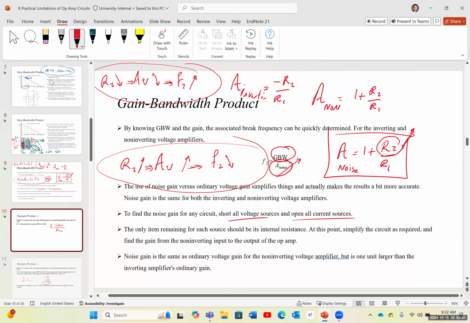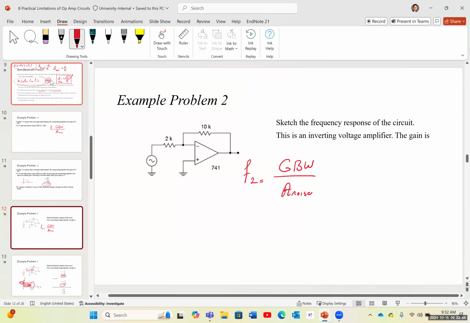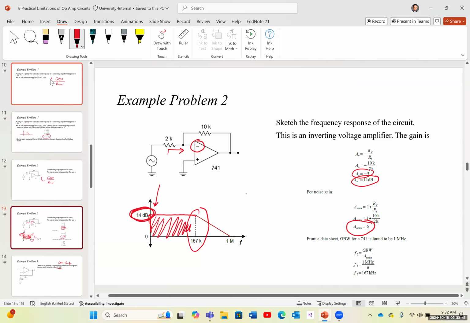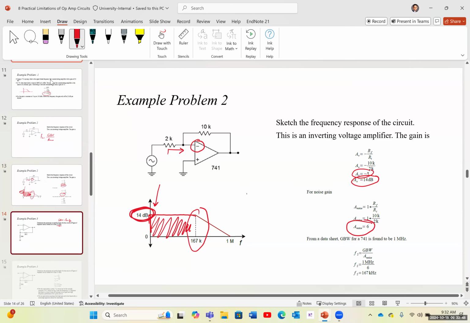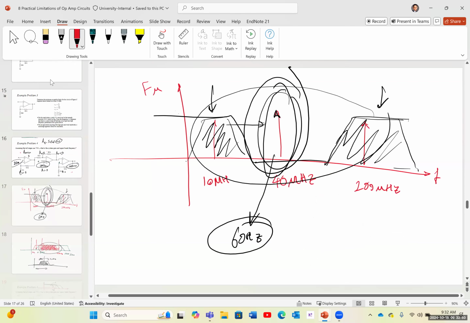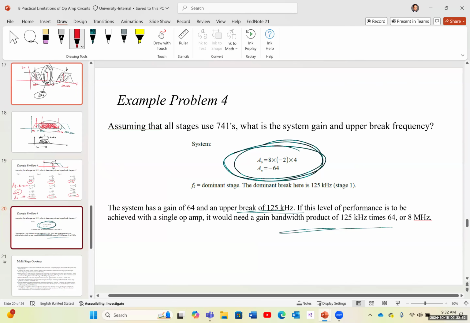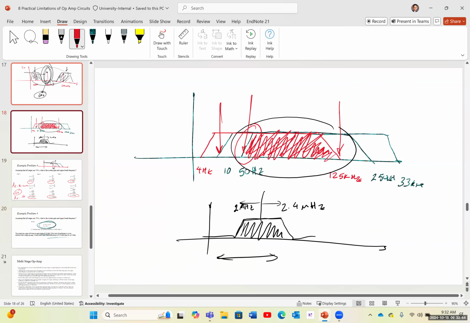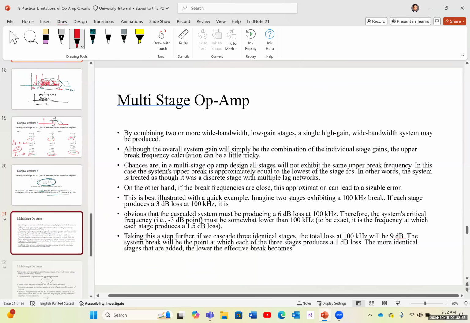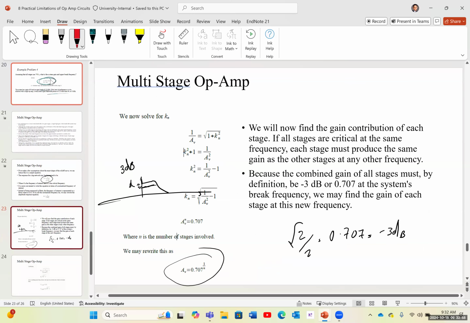What happens if we have multi-stage op-amps, and what is the effect of a multi-stage op-amp on the upper cutoff frequency? We also solved some practice problems on multi-stage op-amp systems and the effect that has on the total gain and also the upper cutoff frequency.